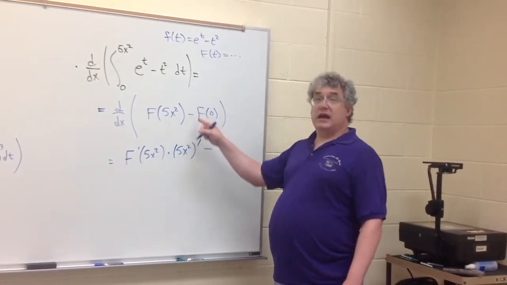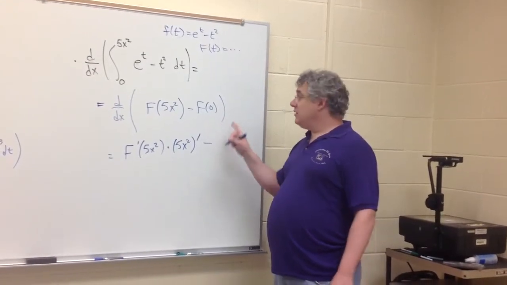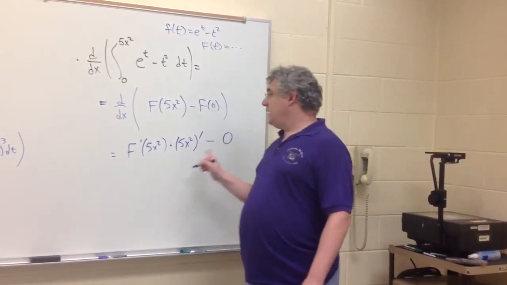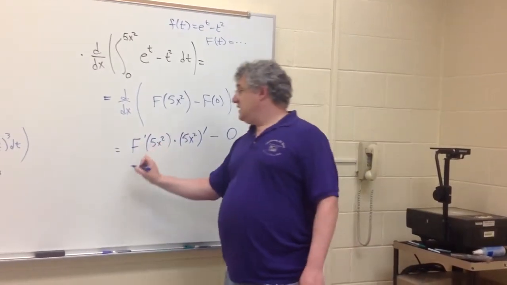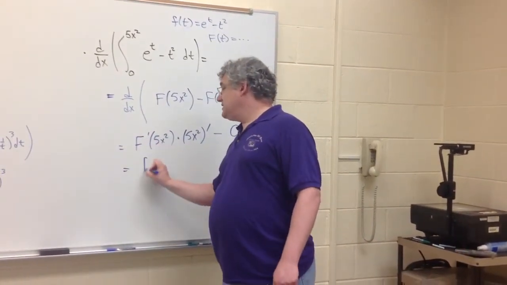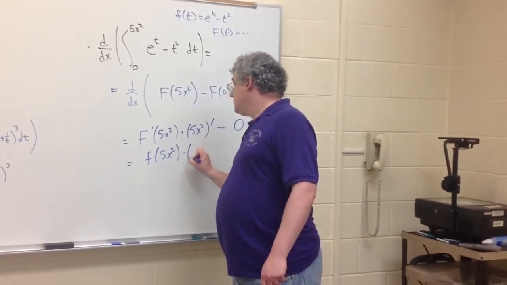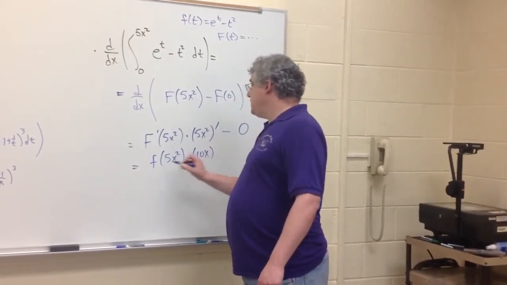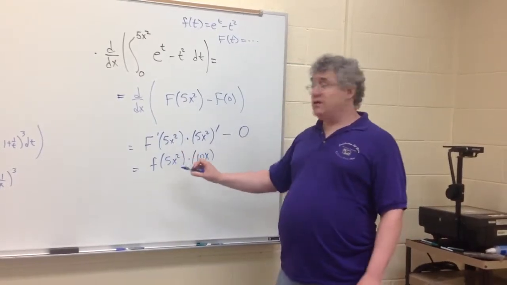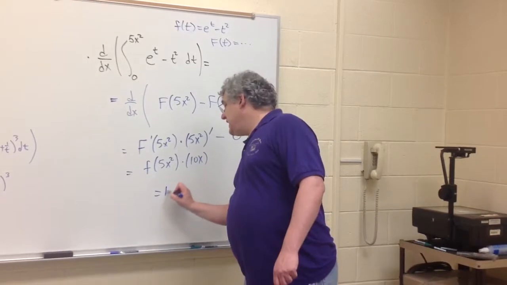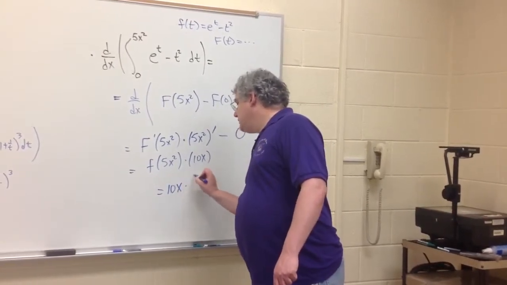Now over here, capital F of 0 is a number. The derivative of a number is 0. That may not look good yet, but the derivative of the antiderivative is the original function. So it's little f of 5x squared times 10x. I'm going to rewrite this with the 10x in front, just because it's easier.